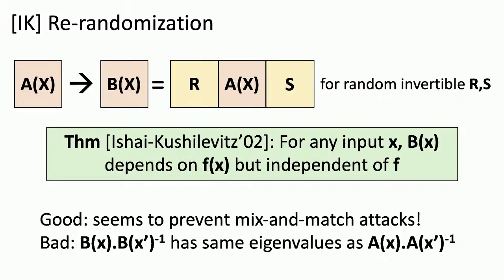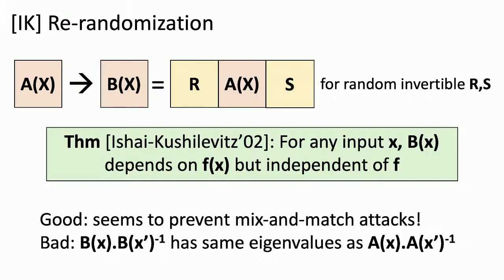Each entry of the overall matrix is a linear combination of the entries in the original matrix, where the coefficients are determined by R and S. And linear combinations of affine functions are affine functions, so B of x is still affine. Okay, so we can do a re-randomization.